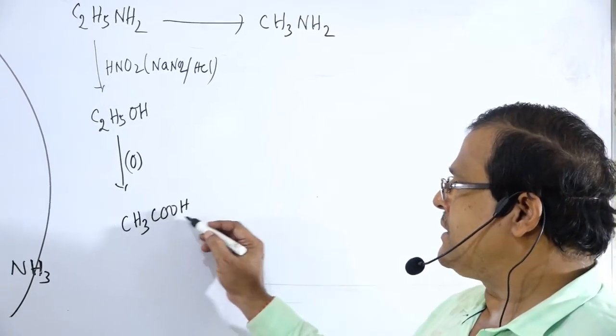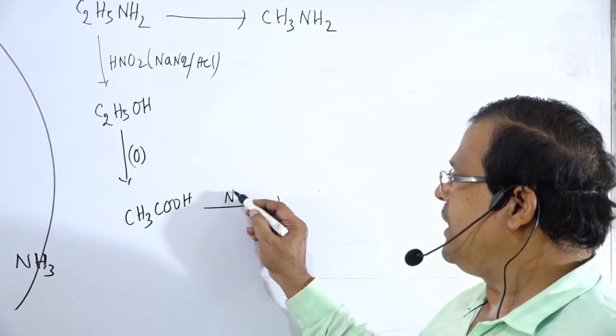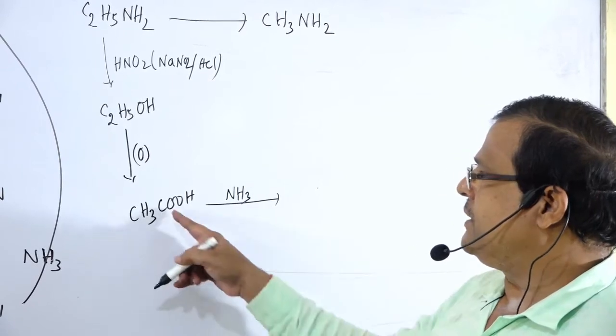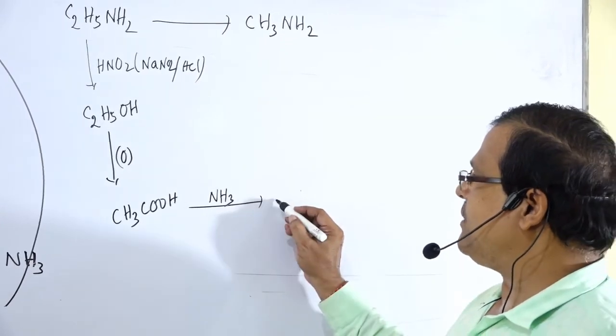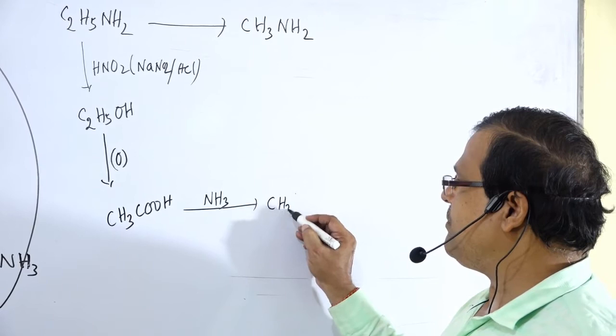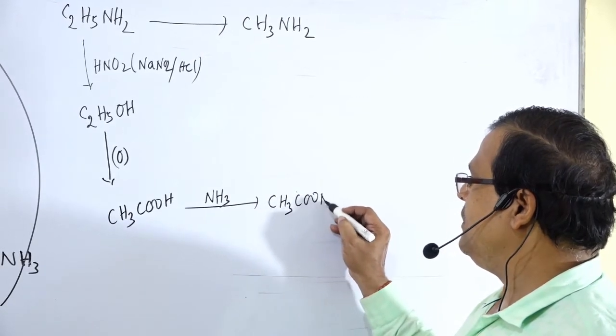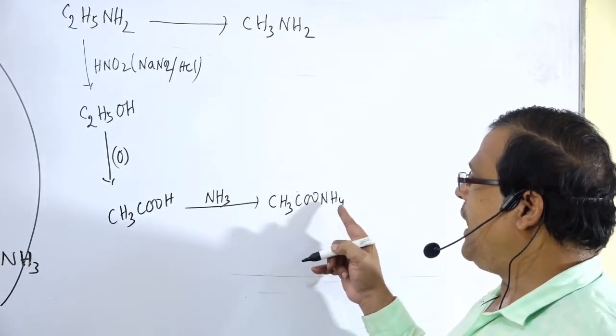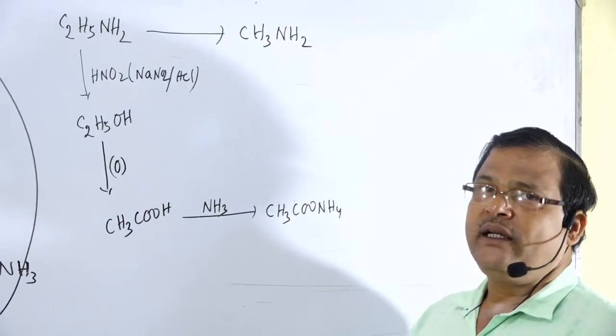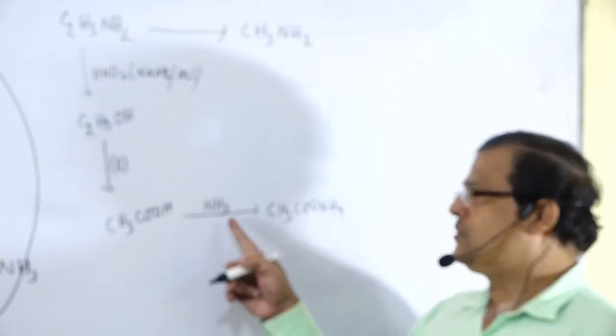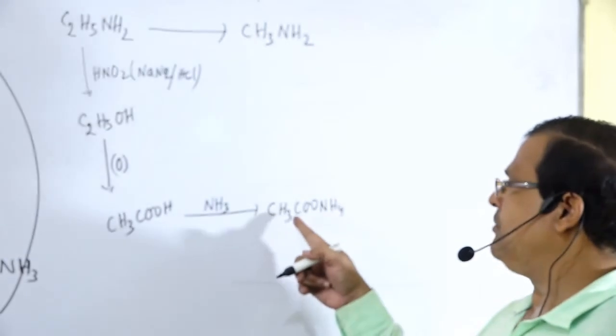And this acid is treated with ammonia, so there is the formation of the ammonium salt of the acid, CH3COONH4, ammonium acetate. Acetic acid reacts with ammonia to form ammonium acetate.